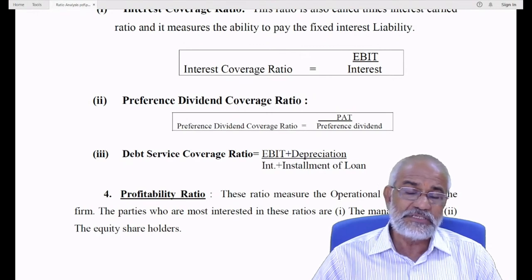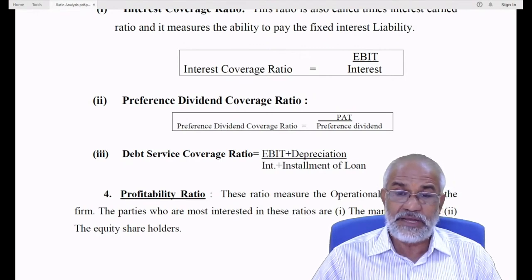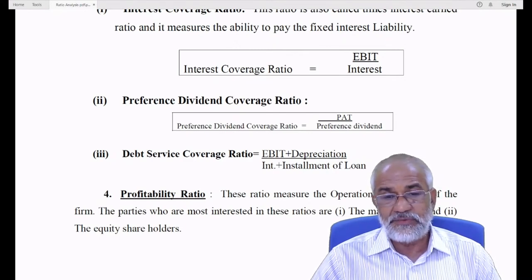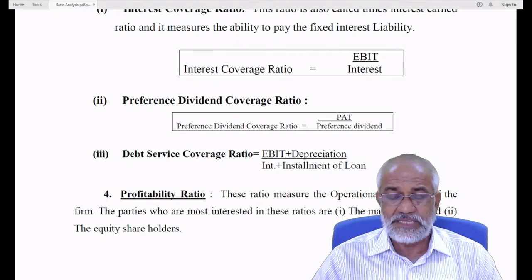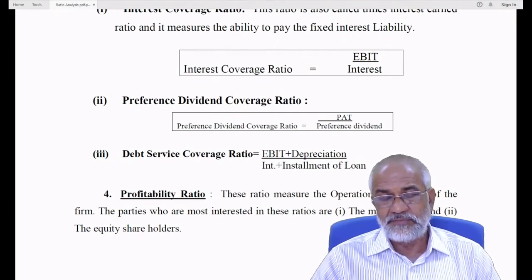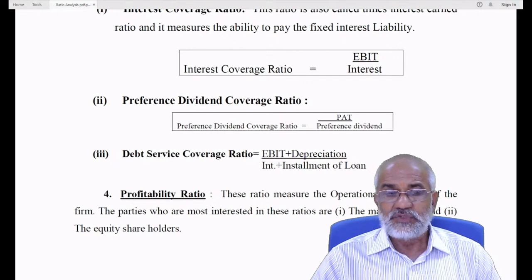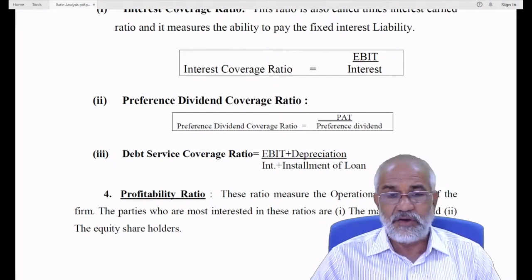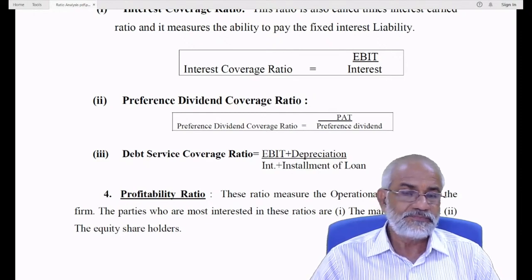When EBIT plus depreciation, or net cash accrual, is divided by the interest plus installment for the year, it would be the debt service coverage ratio. It must be 1.75 times or more for the organization, so that the bank would be in a safer position to finance the organization, particularly in respect of term loans, long-term loans.